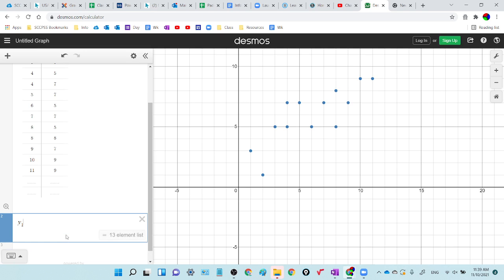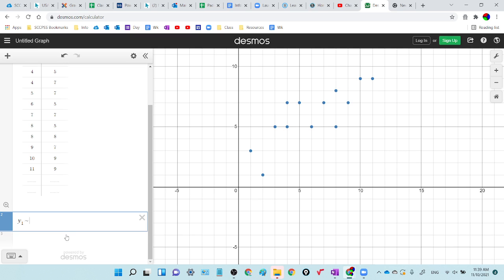In the table I use x1, y1, so I'm using the same thing. Okay, y1, and use tilde. Tilde is on the button with this shape, so you need to use the shift button and the button in front of number 1. So in this Desmos, this is approximately equal to, so we are finding a regression line.